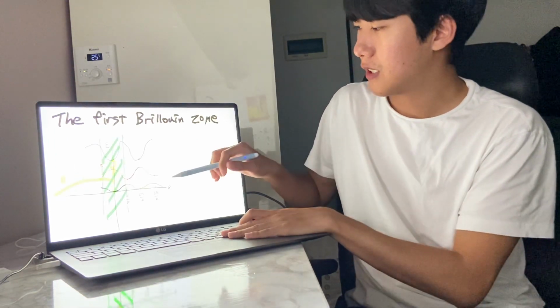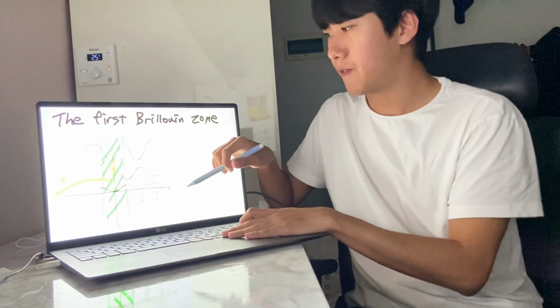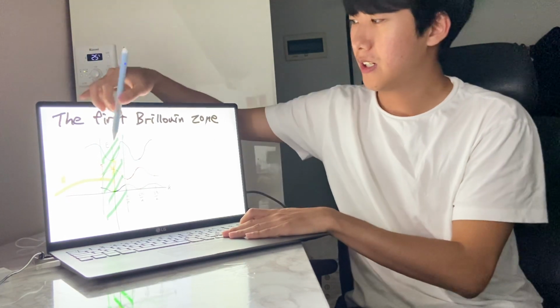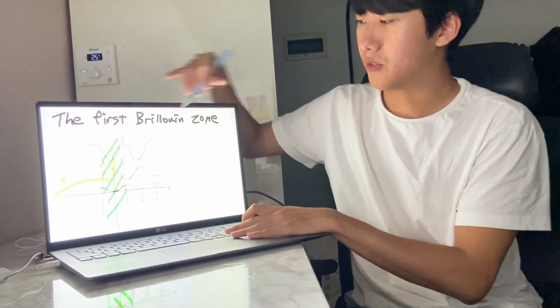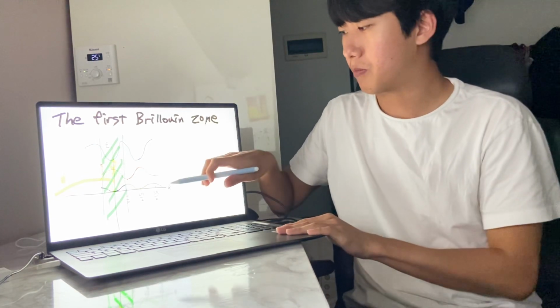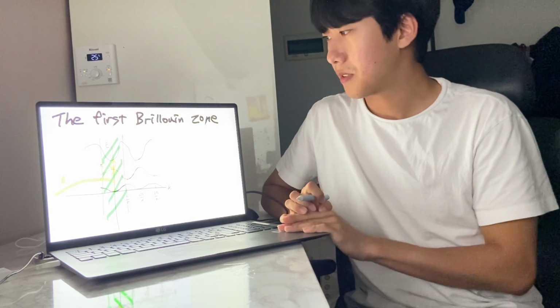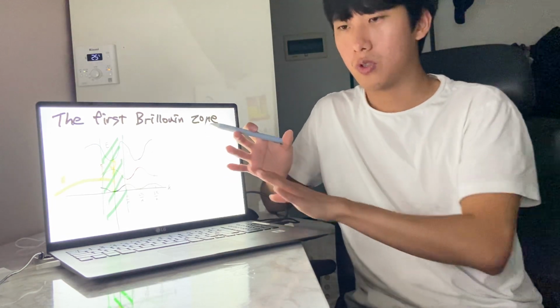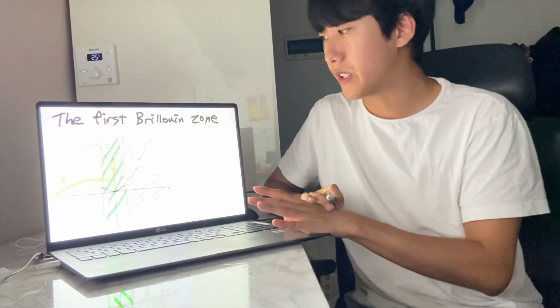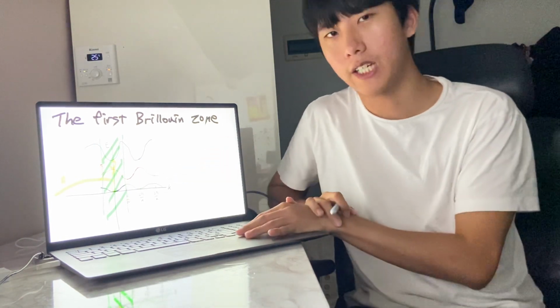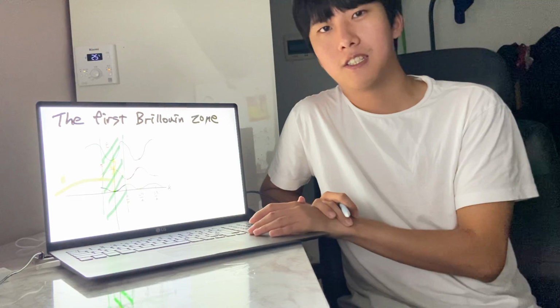So in the E-K diagram, in the first Brillouin zone, we can describe all of the space's information by using K and E. Thank you.